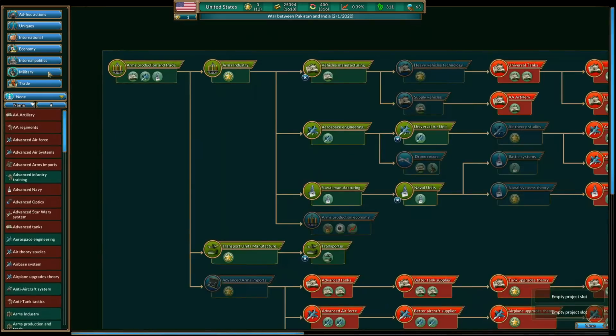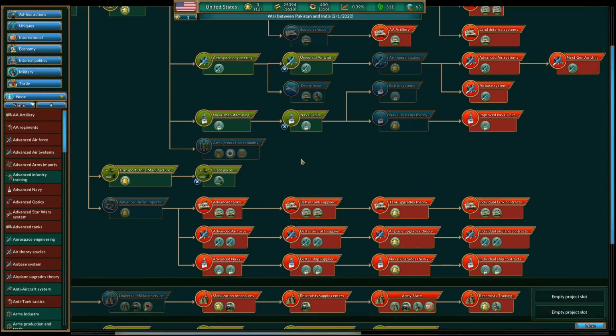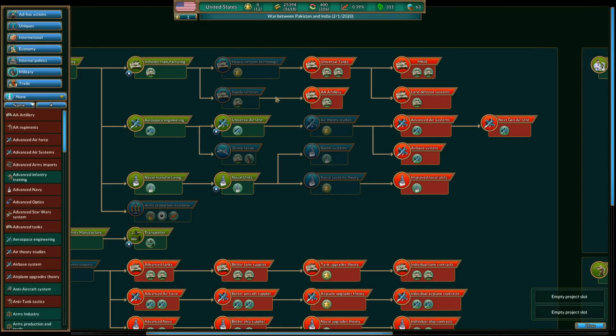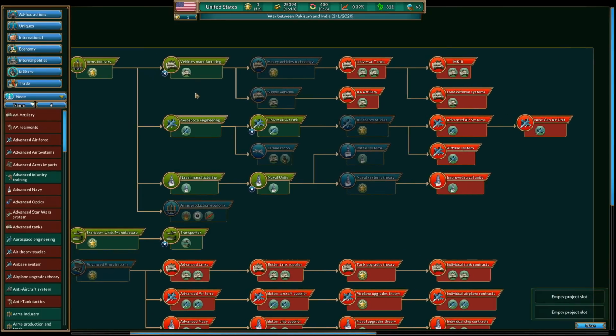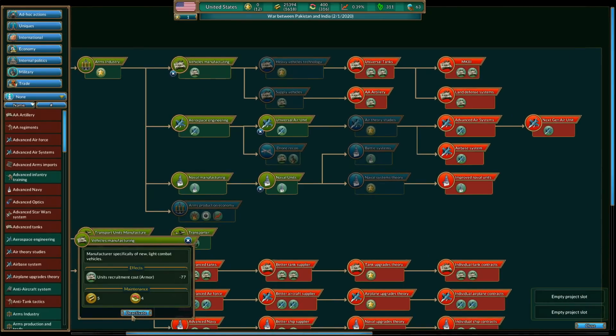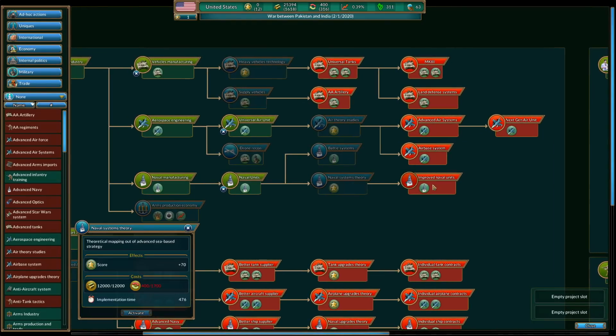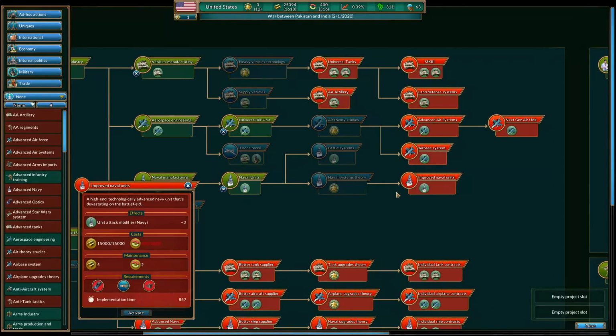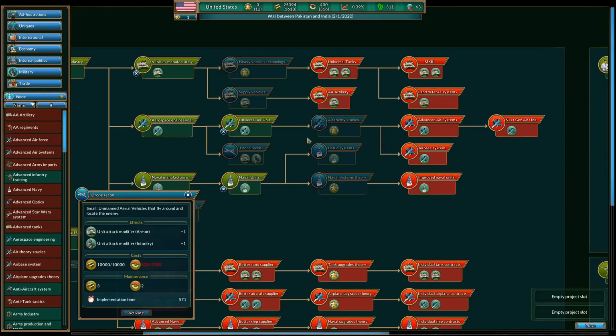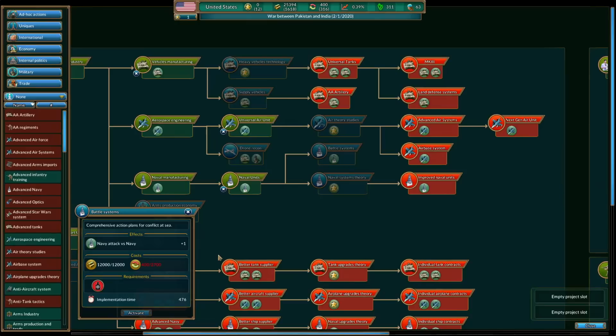But you always want to make sure you're not overextending too much. Don't upgrade your military units too much, or you might not have the money or action points to sustain them. Thankfully, you could always cancel some of these projects if you need to. No point investing in upgrading your naval units if you don't use naval units. There is a cost associated with implementing any new project. The amount of time is in days.